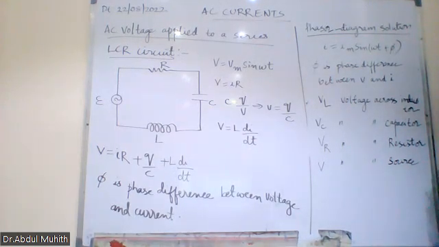VC is voltage across capacitor. VR is voltage across resistor. So we have three voltages: voltage across inductor, voltage across capacitor, and voltage across resistor. And V is the voltage of the source, capital V. Is that clear?